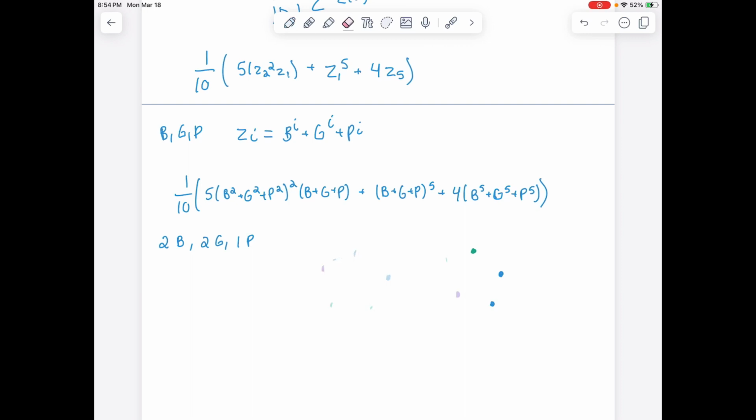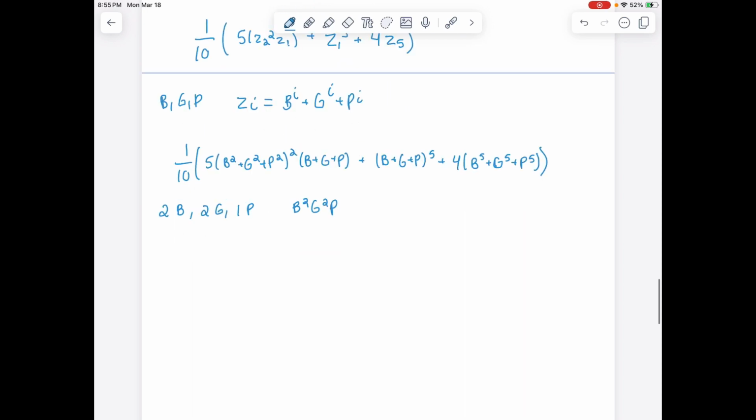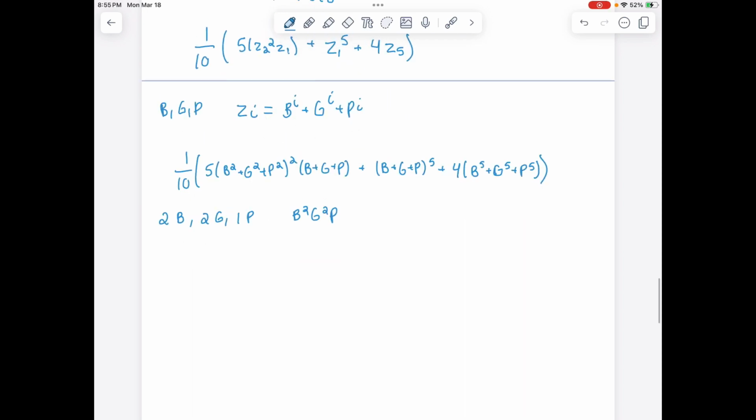And what we want to do to find the number of distinct necklaces made with 2 blue, 2 green, and 1 purple, we'll look for the coefficient on B squared G squared P in the above formula if we were to expand it, but we can do it in a more simplified manner.